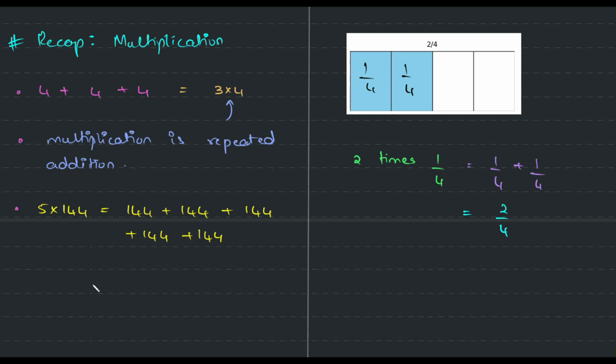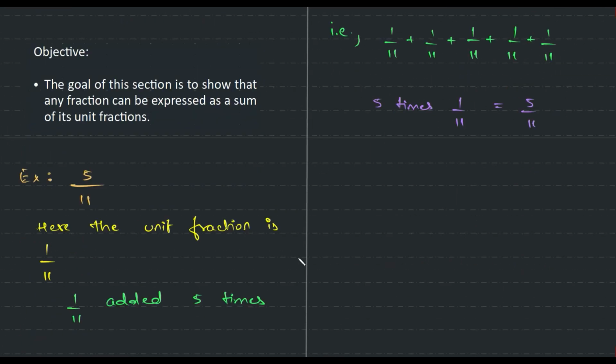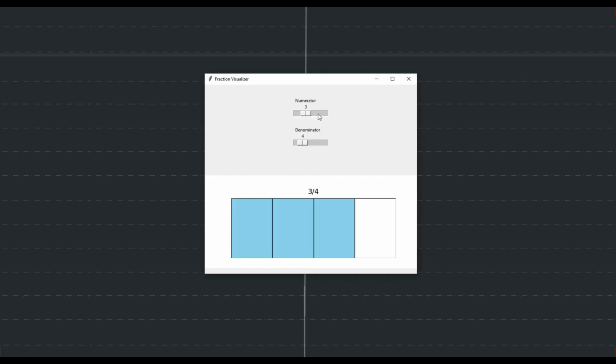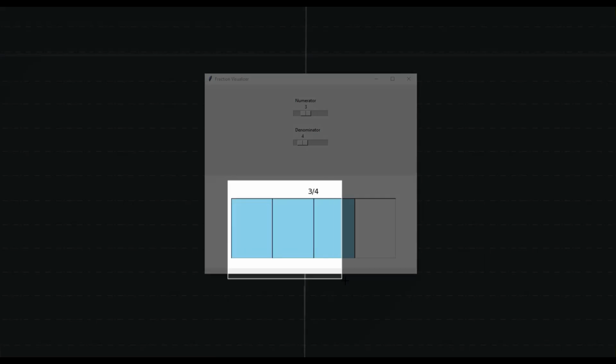Now, it's just that now we are using fractions. Okay, so let me just take up a few more scenarios. So we have 3 by 4. Again, two last scenarios, and we are done.